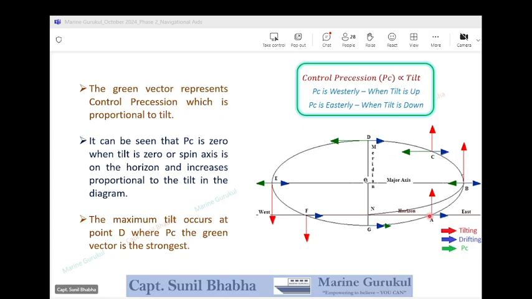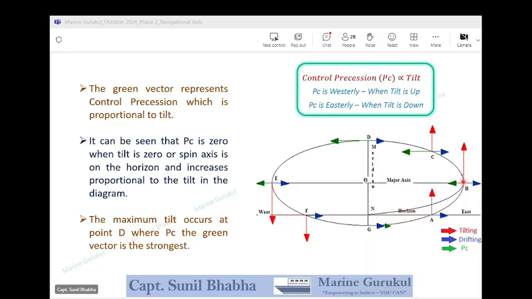That's why you don't see any green vector at point A. After point A, the spin axis moves along the ellipse and reaches point B. At point Bravo, we have some upward tilt. Because of this upward tilt, the control precession is now generated. The green arrow is present here, and this control precession is acting in the westerly direction. We know when the tilt is up, the control precession acts westwards.